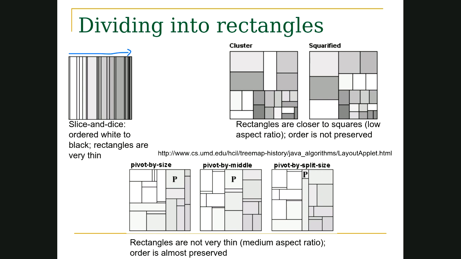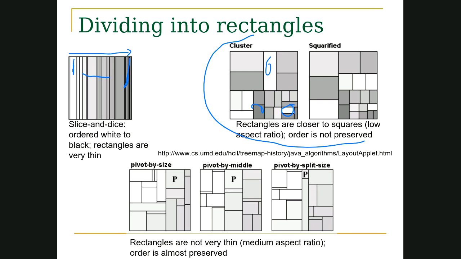The problem with these is that, yes, they have really good aspect ratios. And if you look at the colors, whitish ones are the first among the first, and the black ones are among the last. Then you can see a grayscale as you go, so they have that just to show the order. In this case, maybe one of these two is the first one, and the last one ends up being somewhere in here.